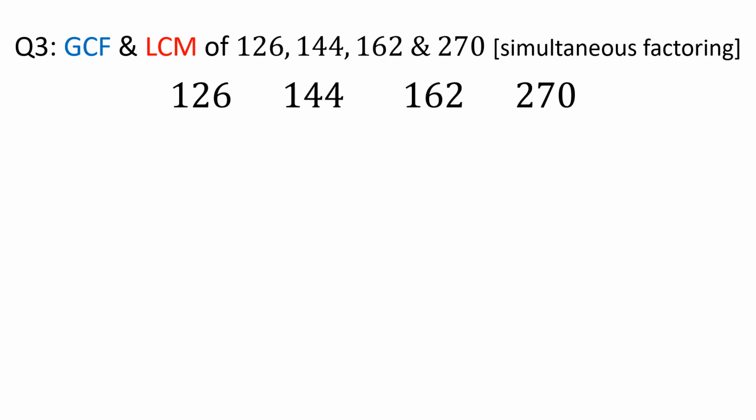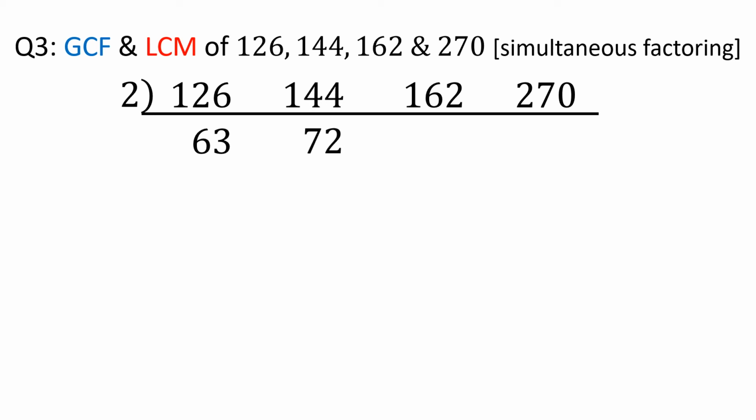All four numbers can be divided by 2. 126 divided by 2 is 63. 144 divided by 2 is 72. 162 divided by 2 is 81. And 270 divided by 2 is 135. We have 63, 72, 81, and 135. They all can be divided by 3.